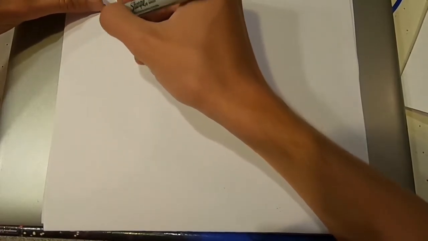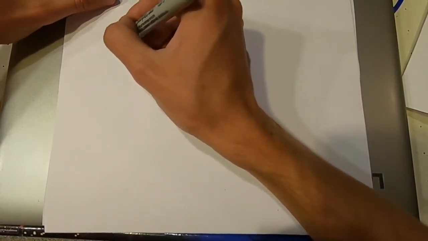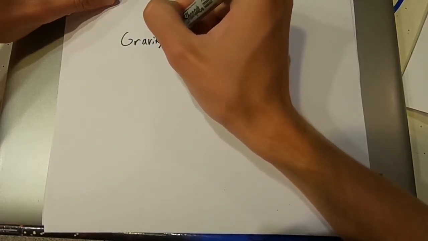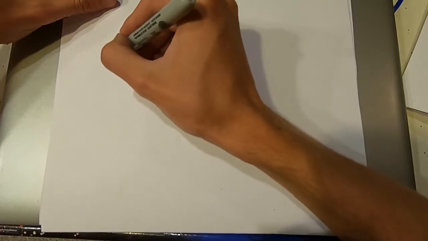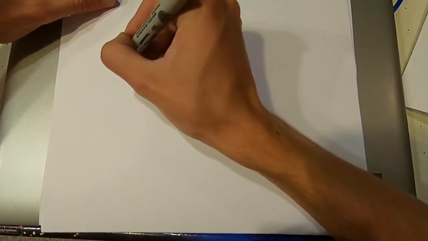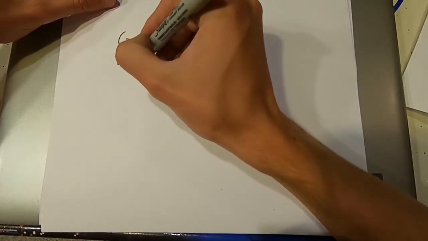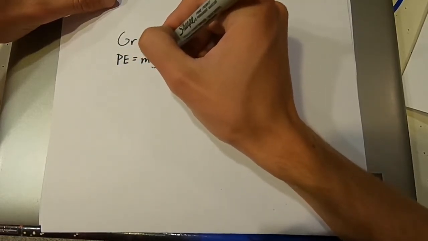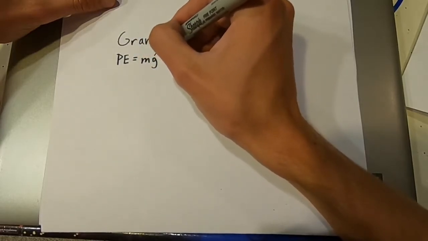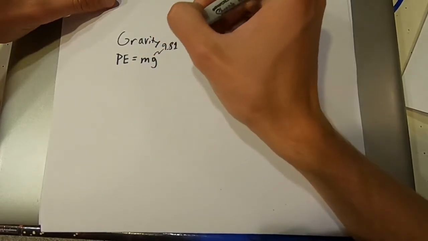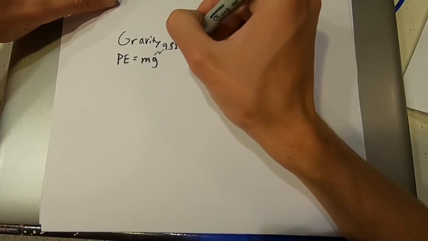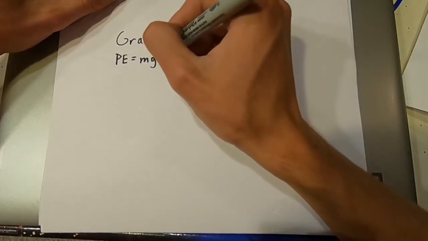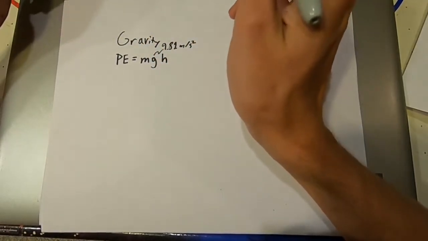So when we're talking about potential energy in terms of gravity, the potential energy is going to be equal to the mass times the acceleration of gravity, which here is 9.81 meters per second squared, times our height.